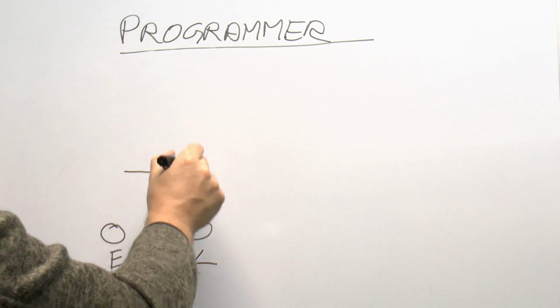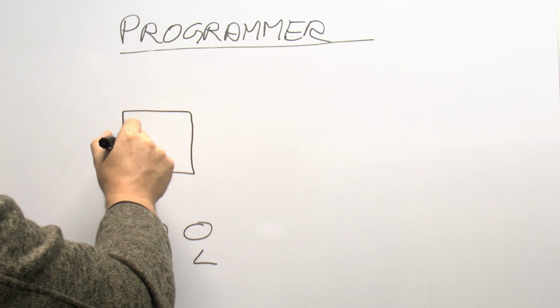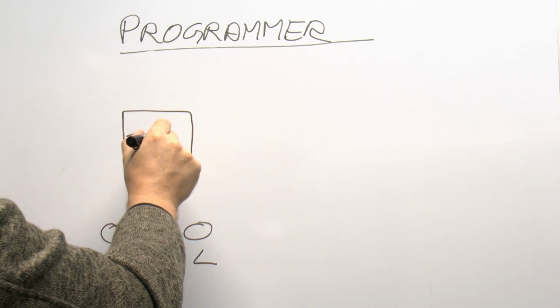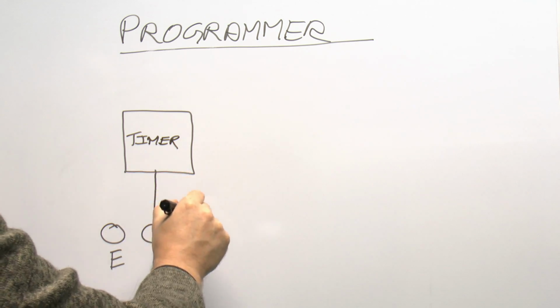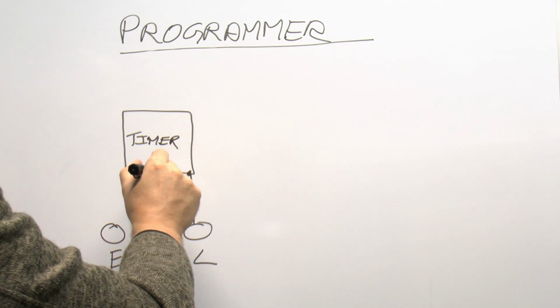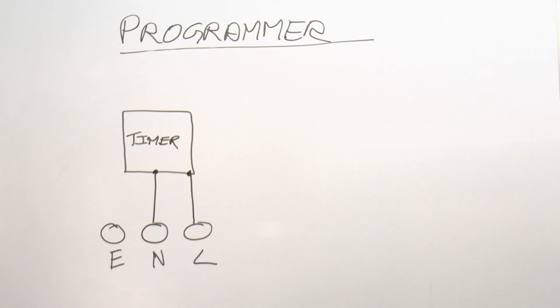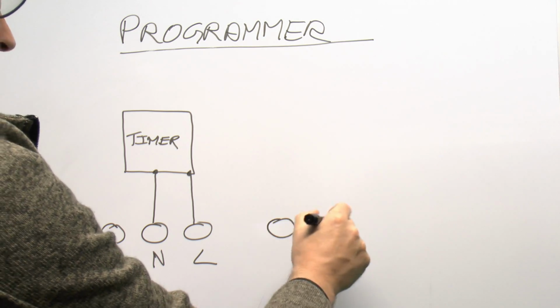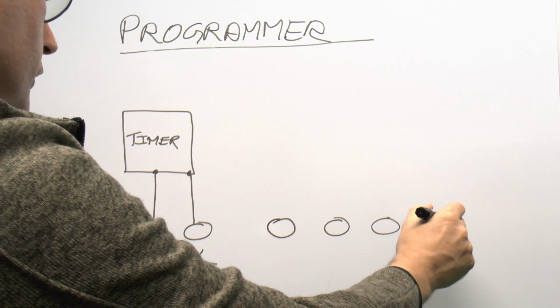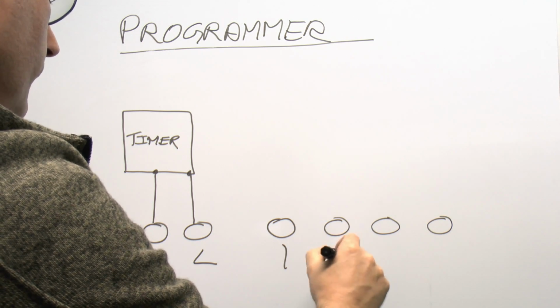And then inside there you'll have some kind of timing device, either electronic or mechanical, and the neutral line will go straight into the timer, of course, so that it will actually operate. And for the output, typically on a two-channel programmer you'll have the hot water for one channel and the central heating for the other, and there'll be four output terminals, and those are numbered 1, 2, 3 and 4.